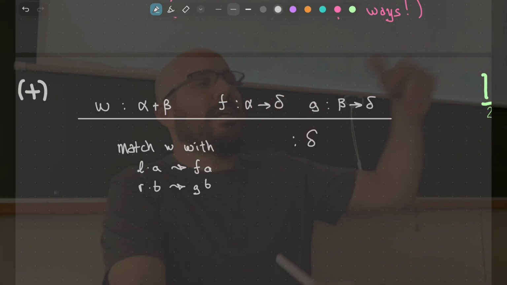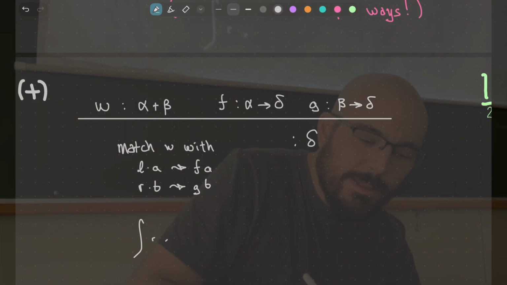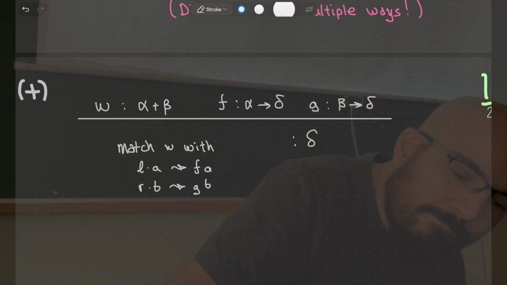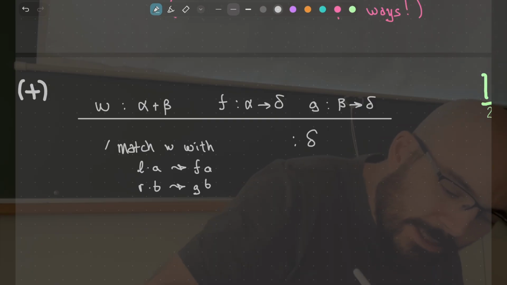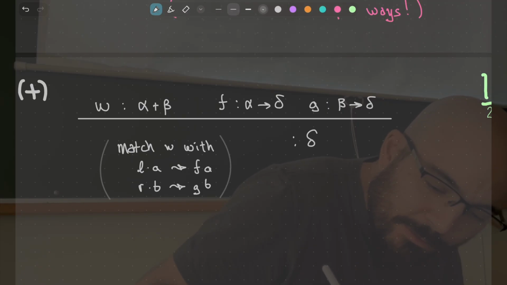And don't think of this like 3 lines, think of this like just one thing, like a very weird integral thing that you understand like an atomic thing. So this whole thing, I don't want to use parentheses, but I will. Yeah. So this whole thing will be of type delta.